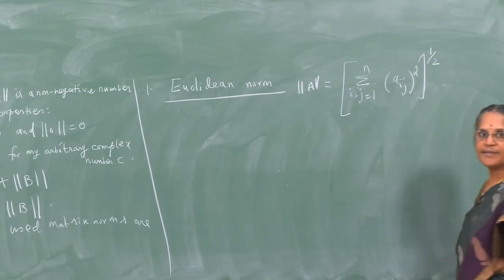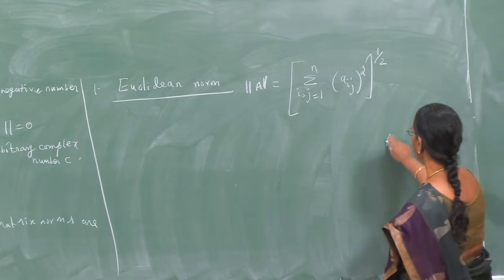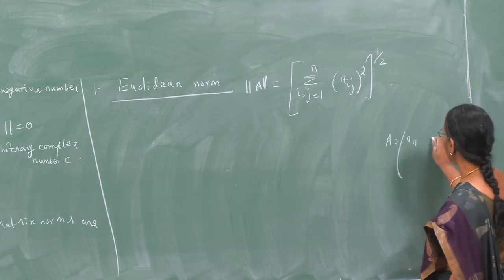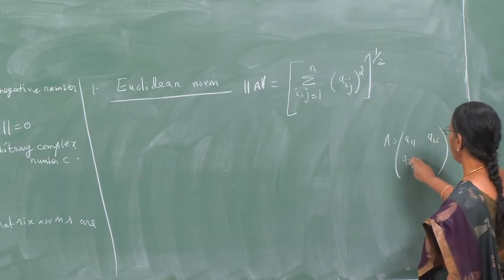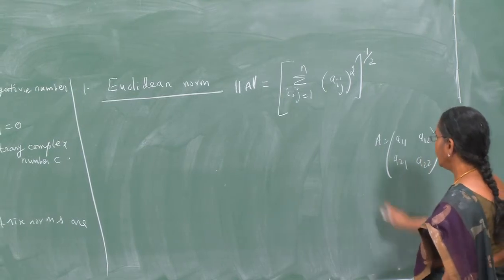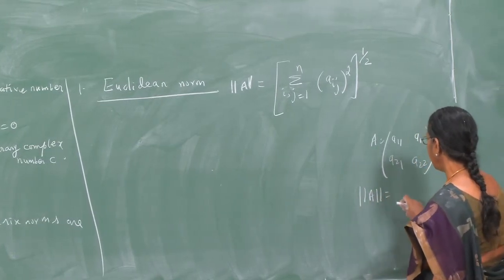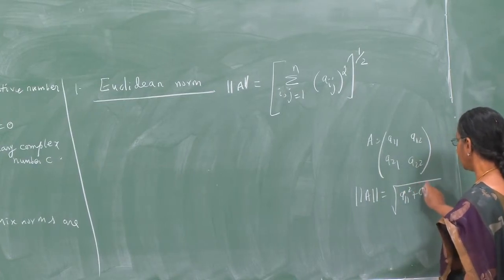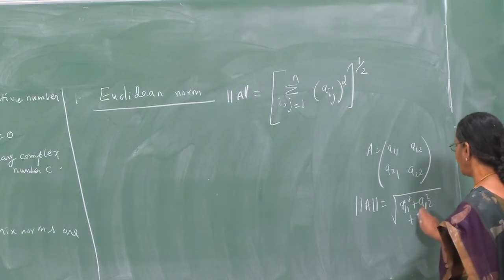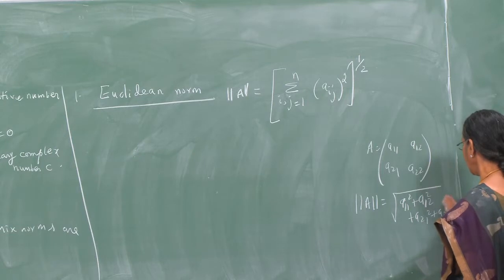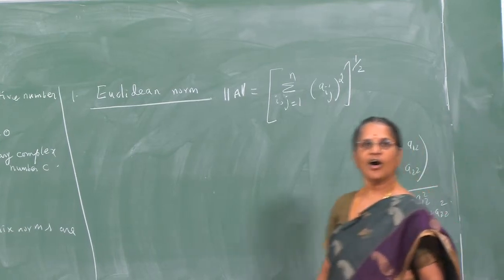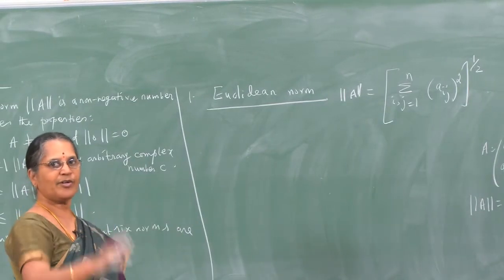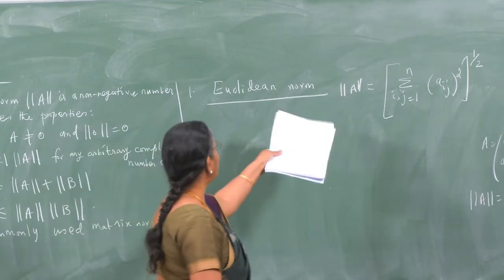How do you compute this? You are given a matrix A whose entries are, say I take a 2 by 2 matrix, A11, A12, A21, A22. The Euclidean norm is computed by taking the square root of the sum of the squares of all the entries. So, A11 square plus A12 square plus A21 square plus A22 square. So, take all the entries in the matrix A, square them and add them, take the square root of that number, that gives you norm A.